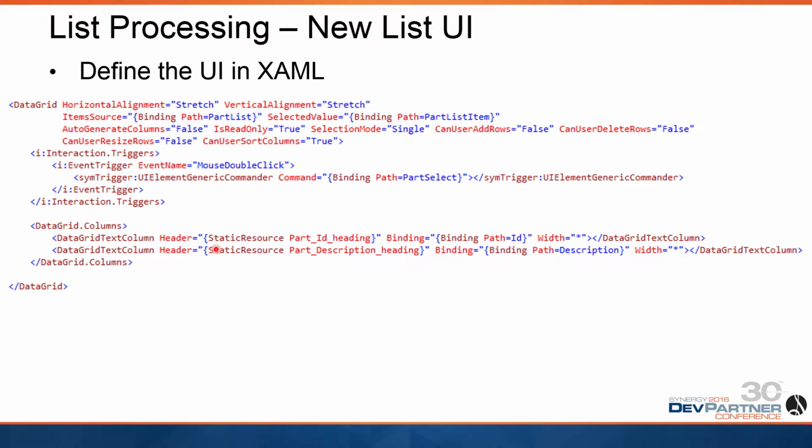We have those, we're not displaying them. We have the data available to our program, we're just not displaying it. These static resources, they come from styles that are generated from the repository. So if you've got report headings, they will become the column headings and all that kind of good stuff. And we've got the bindings to the individual fields and how wide the columns will be, all that good stuff.